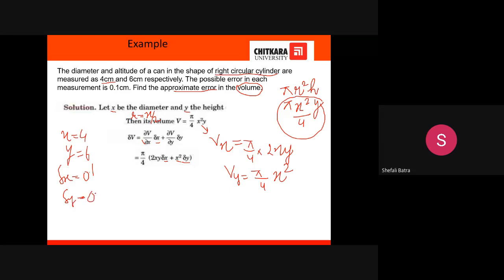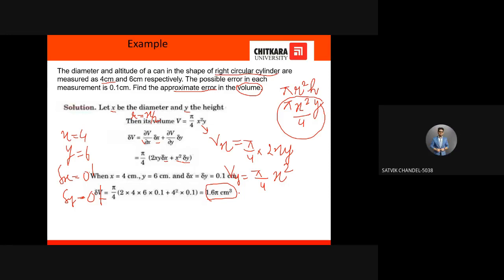So you can put each and every value over here and you can get approximate error in volume, and that is given by 1.6 pi centimeter cube. Is it clear? Yes or no? Yes, ma'am. Clear now? Yes, ma'am.